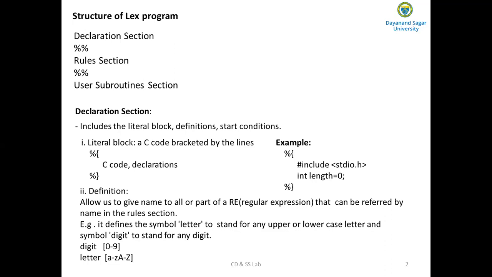This is an executable code which is nothing but the lexical analyzer, which is the first phase of a compiler, and this lexical analyzer transforms an input stream into a sequence of tokens. That is how the lexical analyzer is created using the lex tool.